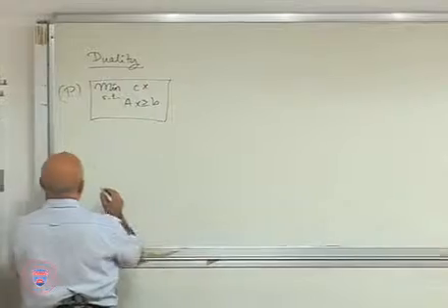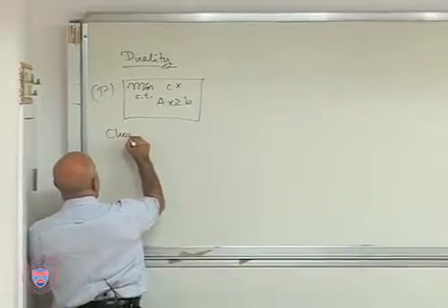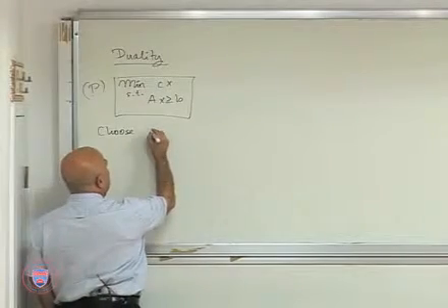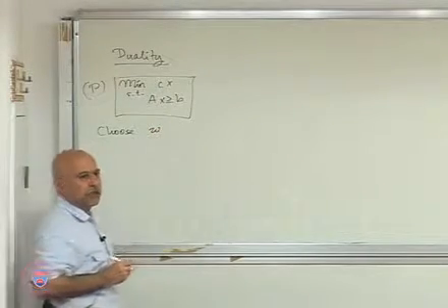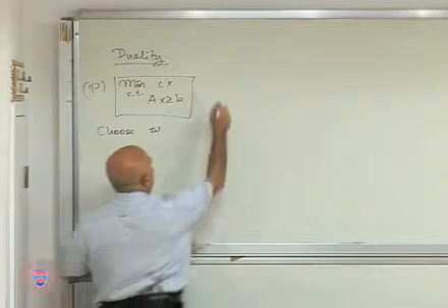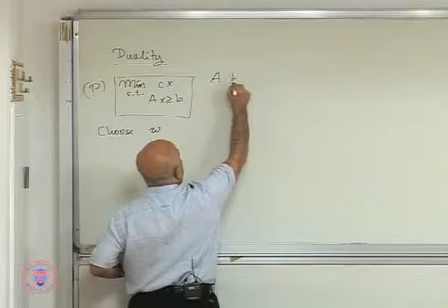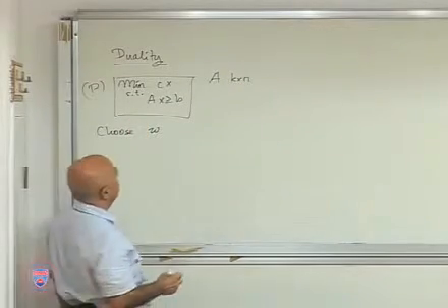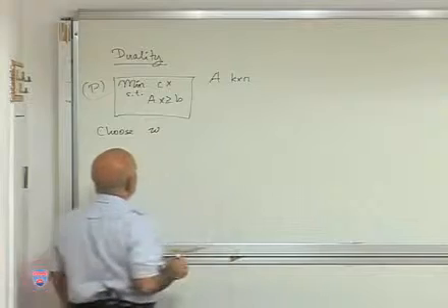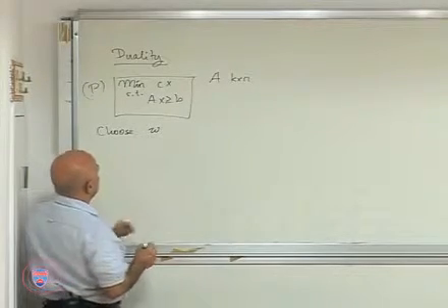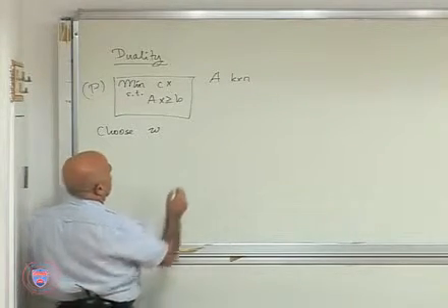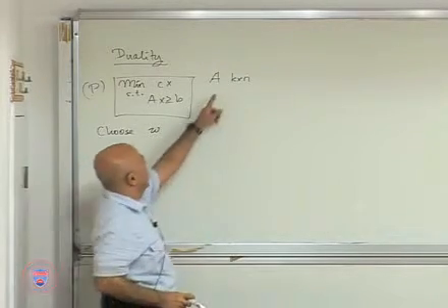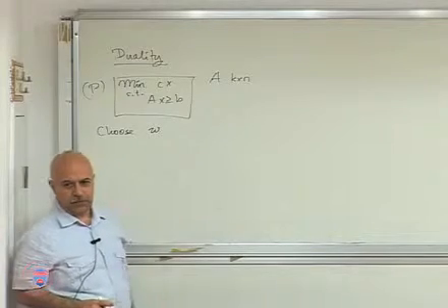So here, suppose we choose a row vector W. By the way, A here is, say, k by n, so it has k rows, n columns. And so we want to choose a W which has as many elements in it, as a row vector, as there are rows of the A matrix, okay?